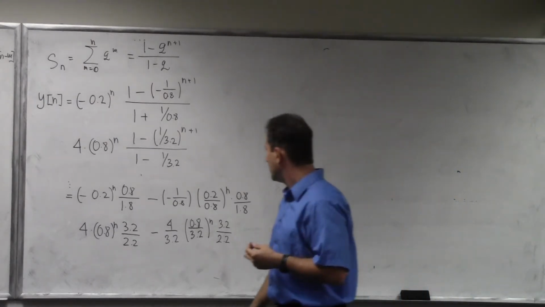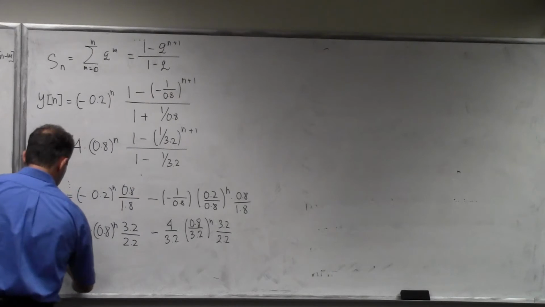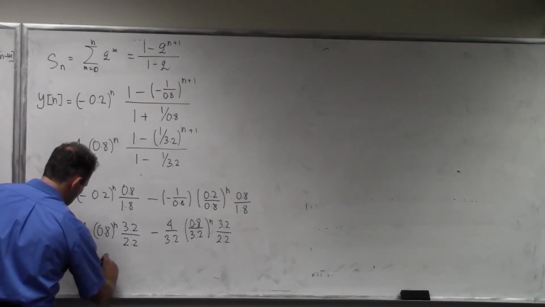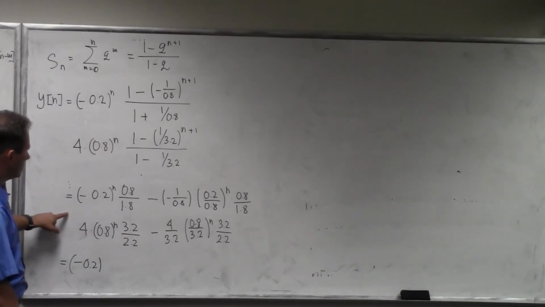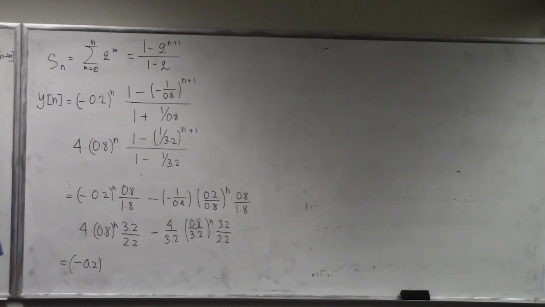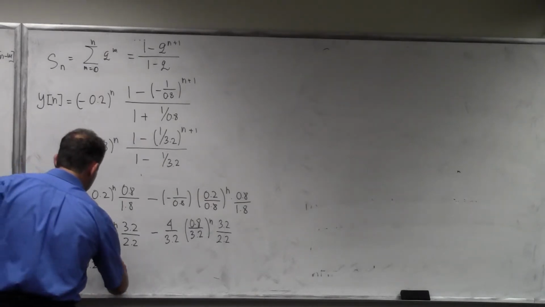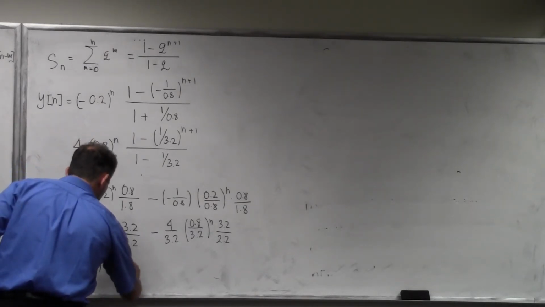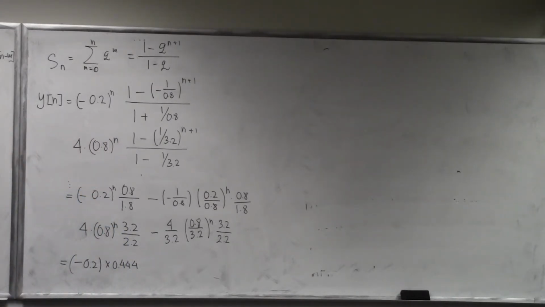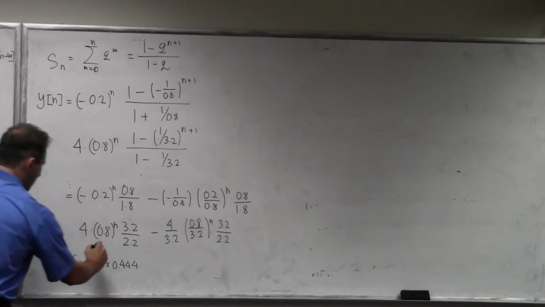And you can see that there are terms here, let's say minus 0.2. Where is minus 0.2? I have this term only, right? So it's 0.8 over 1.8, which is 0.444. Is it true? Sounds right. To the n, right?